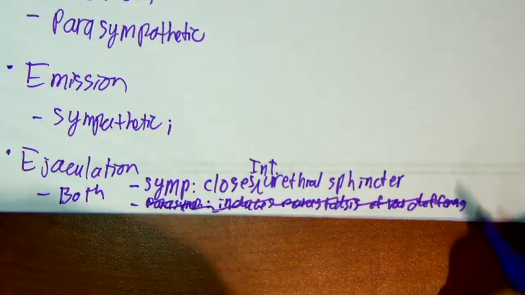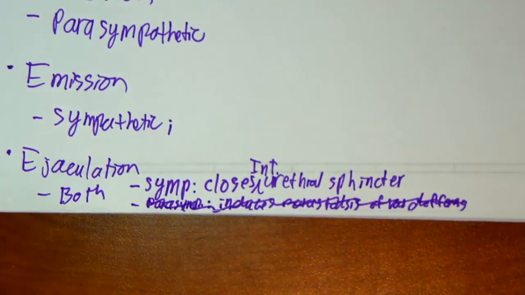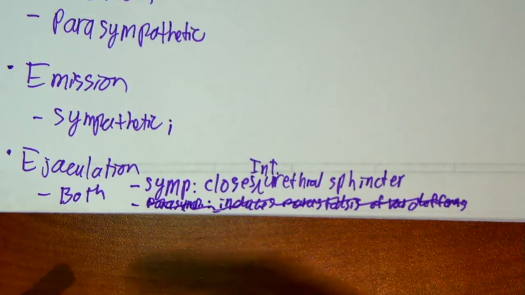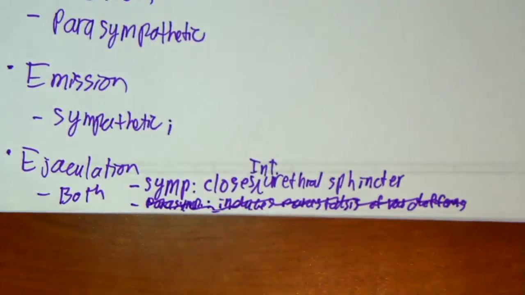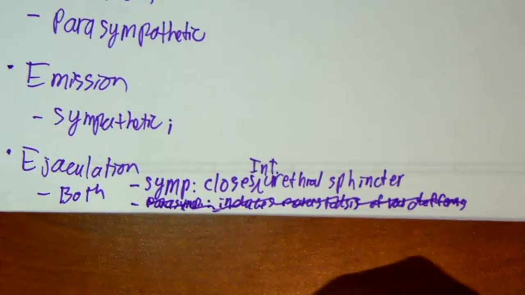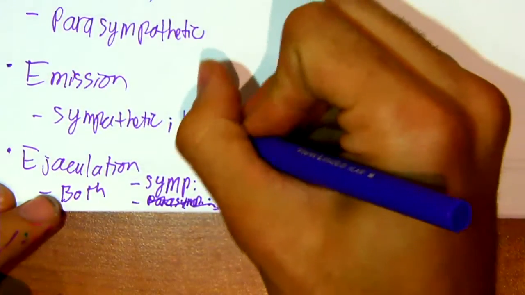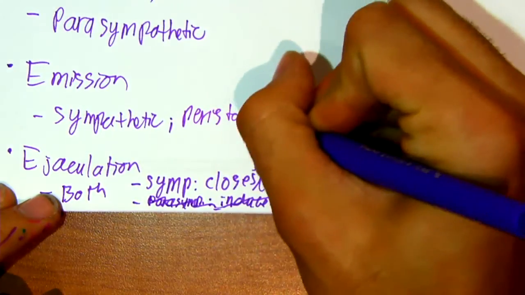Thank you for that. So emission, again, like I said, this is detail you guys won't need to know. It's for your information. Emission is when you'll see the peristalsis and the secretion of like the pre-ejaculatory fluid. That just serves as like a lubrication and to neutralize the acidity of the vaginal canal. Yeah, thank you for the correction.